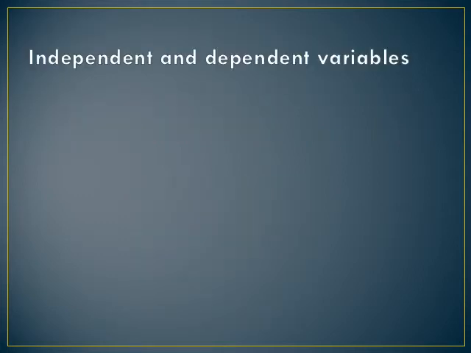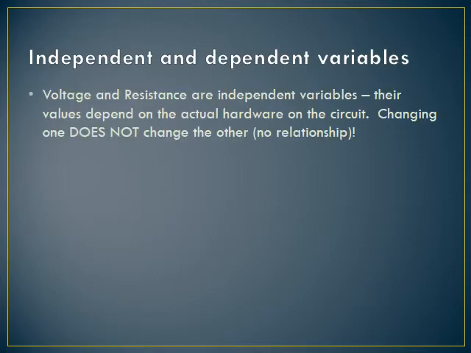So given what we know about circuits, we can determine which of our variables in our circuit are independent and which are dependent. In a circuit, voltage and resistance are our independent variables because, as we just talked about, their values depend on the actual hardware in the circuit, on the actual things we're putting into the circuit and how we're building it.